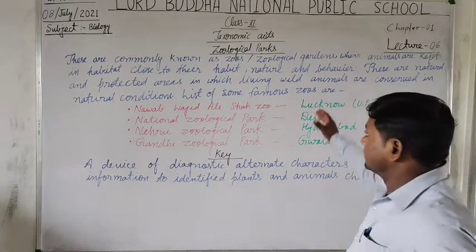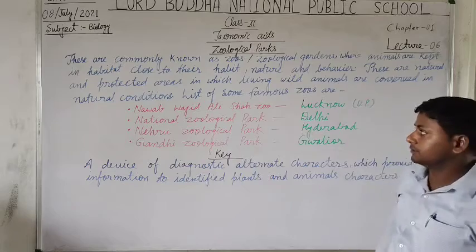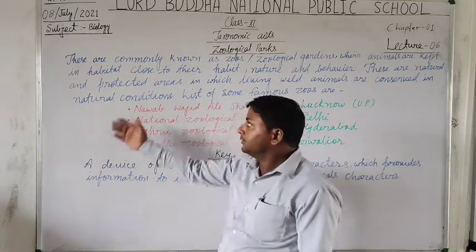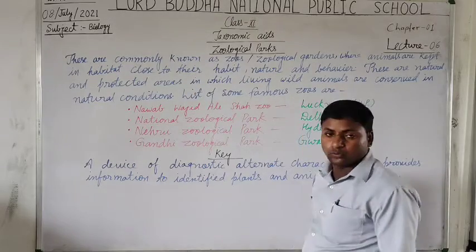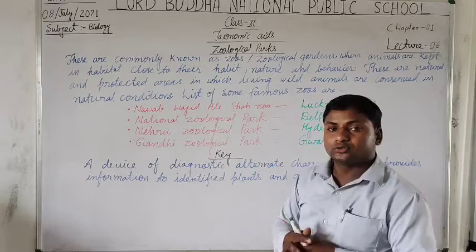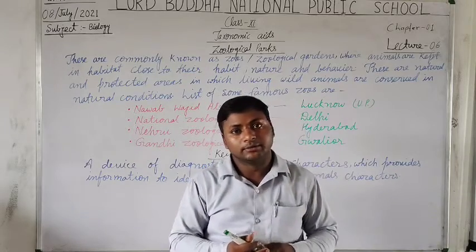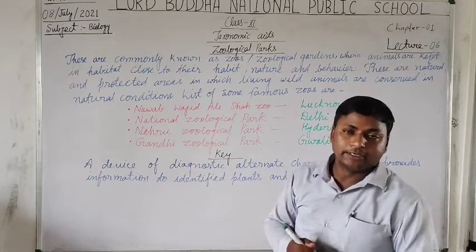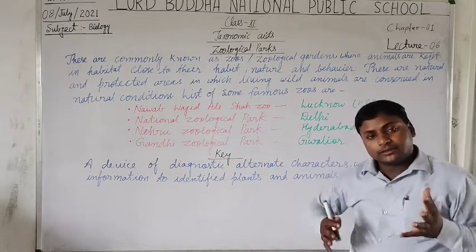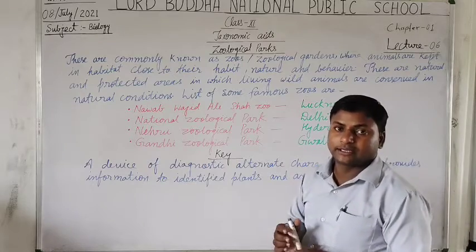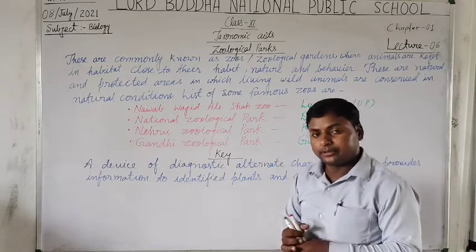Next one, students, is zoological parks. What are zoological parks? As the name makes clear, these are commonly known as zoos. What is a zoo? A zoo is a naturally preserved or conserved, or you can say bioreserve, area where different varieties of animals are kept in their natural habitat.